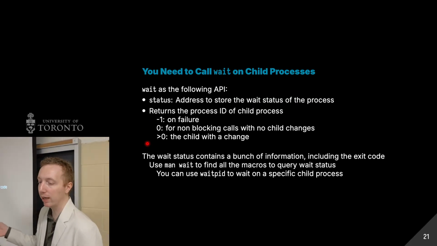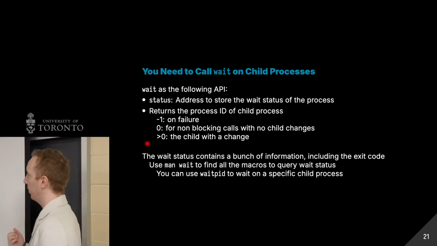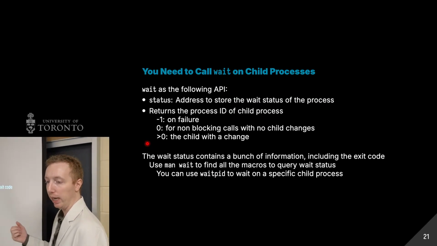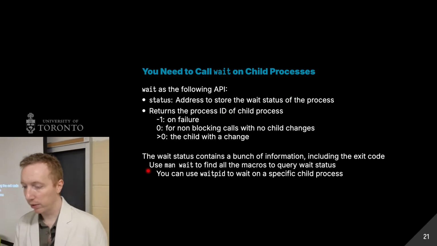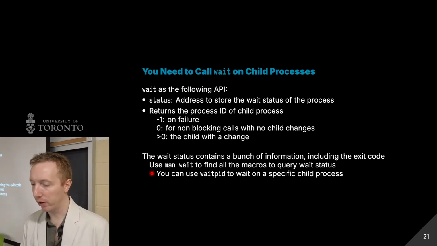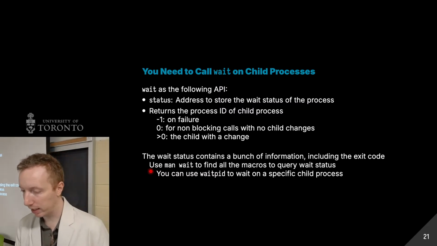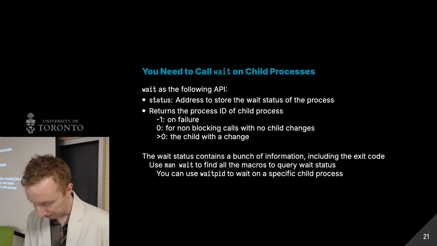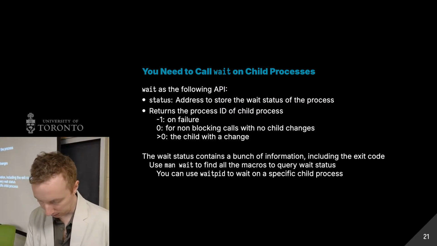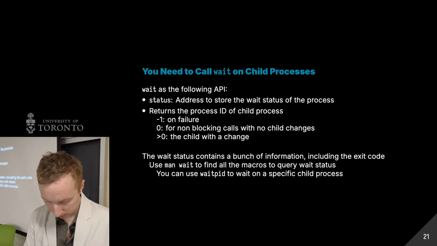That wait status contains a whole bunch of information, including the exit code, which is what it returns from main. You can use man wait to figure out all of the macros to query the wait status. We'll have an example that will show what it does. Before we create weird zombies and stuff like that, let's do the simple example.